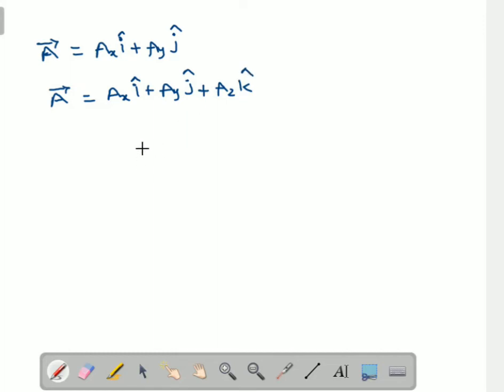Here i, j, k are unit vectors along the x, y and z axes, whose magnitude is 1 and direction is along the x, y and z axes. Now suppose alpha, beta, gamma are the angles made by the vector A with respect to the x-axis, y-axis and z-axis.